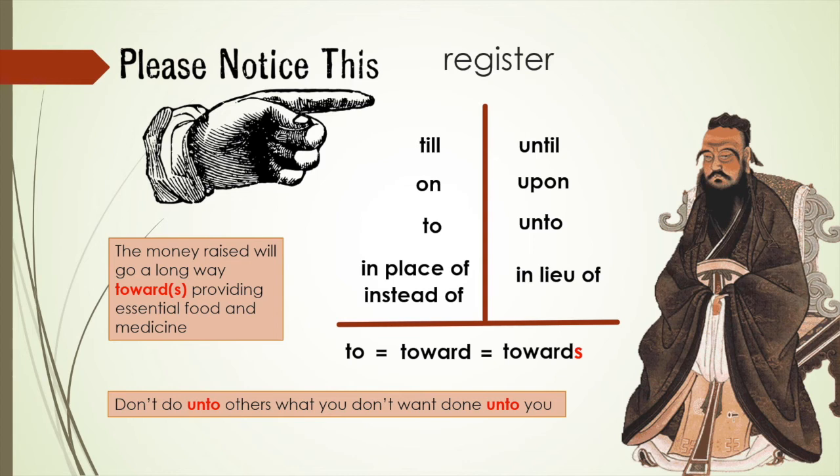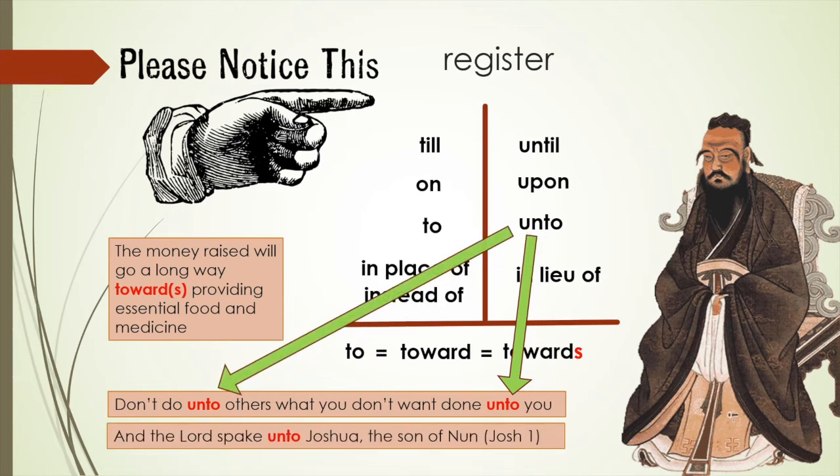Don't do to others what you don't want done to you. But if you quote Confucius, you have to use unto. If you quote the King James Bible, that particular translation, you are expected to be faithful to the original text and say the Lord spake, not spoke, and unto Joshua, not to. There are modern versions of it, but if you quote the Elizabethan translation, you have to use unto, okay?